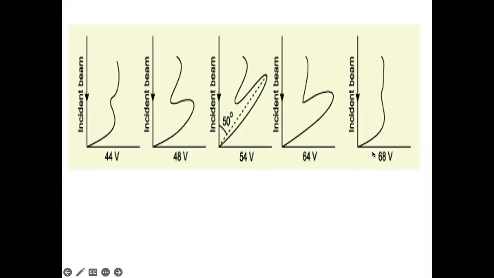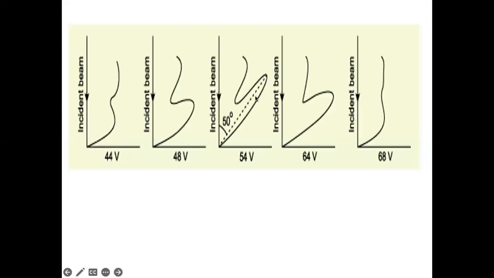Finally, it diminishes at 68 volts. The hump forms at 44 volts and its depth increases. That means when the scattered electron intensity increases, the hump increases. So by taking the intensity of the scattered beam at 50 degrees and 54 volts, we observe the maximum hump.